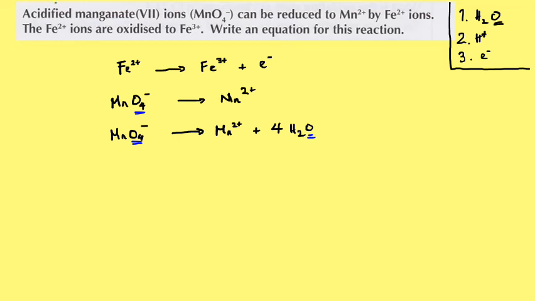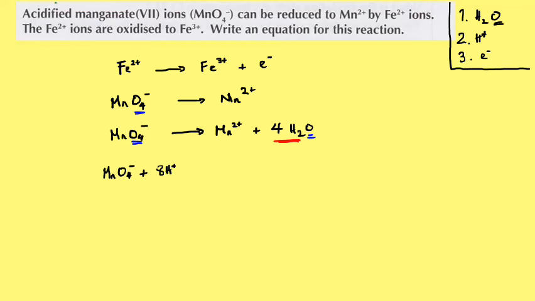But what we've done is made the hydrogen not balance. If we look at the hydrogens on the right hand side, we've got 8 hydrogens in the 4 water molecules. So that's what we have to add to the left hand side. We've still got our manganate ions, but this means we have to add 8 H+.